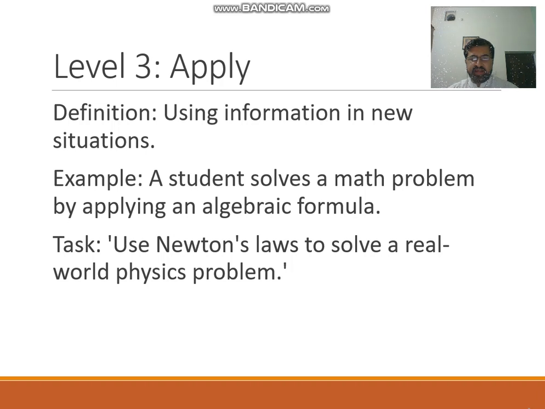Level number three, according to revised Bloom's taxonomy, is apply. Its meaning is using information in a new situation. For example, a student solves a math problem by applying an algebraic formula. The task is to use Newton's laws to solve a real world physics problem.